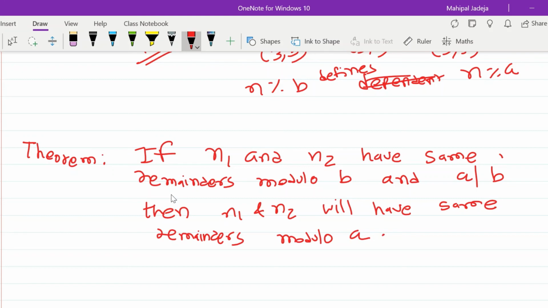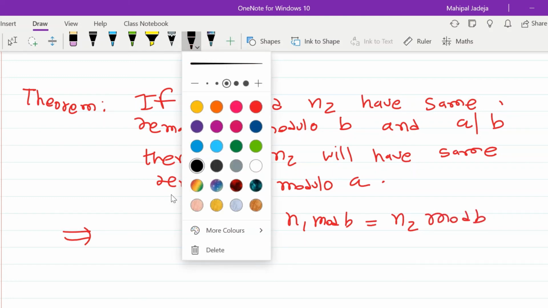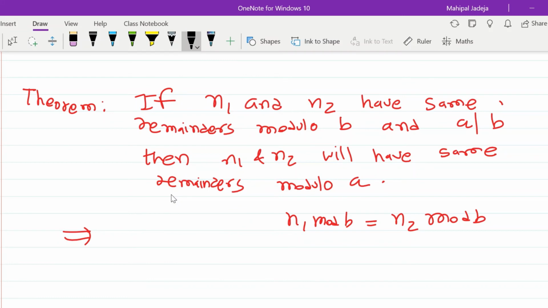So now let's prove this. Okay, so the criteria is we have two numbers. The given thing is we have two numbers n1 and n2, and if you perform mod b operation, then the answer is same, right? So if you perform mod b with respect to n1 and with respect to n2, then you will get the same answer.